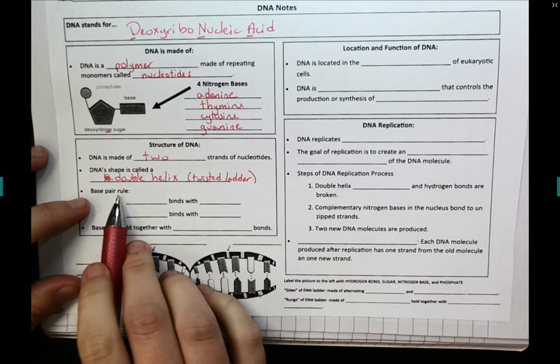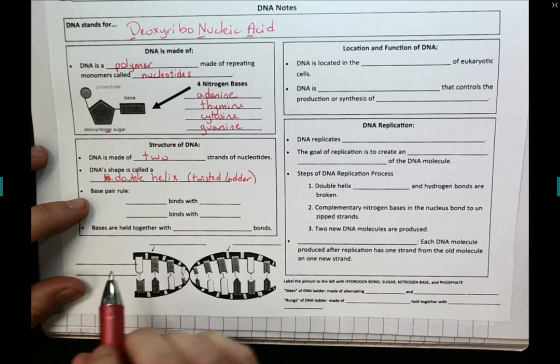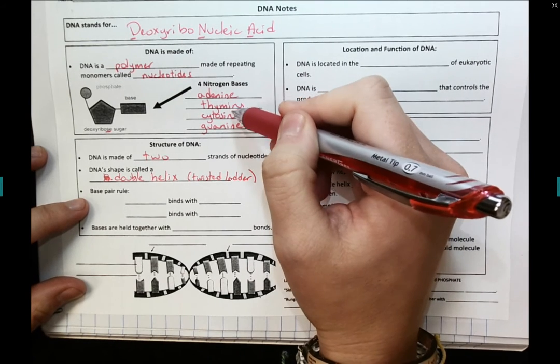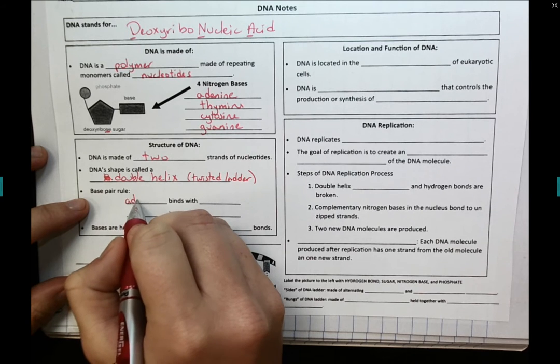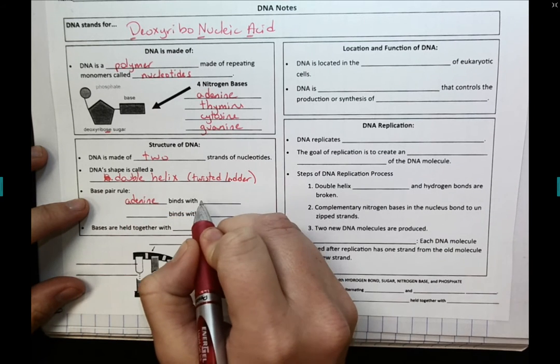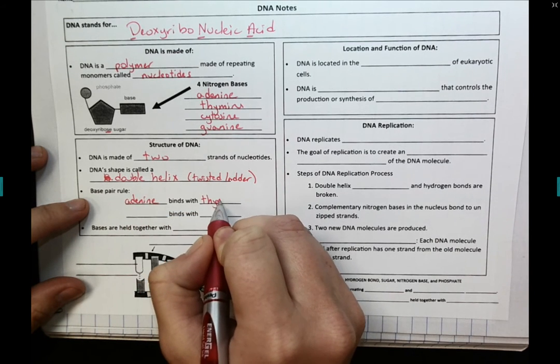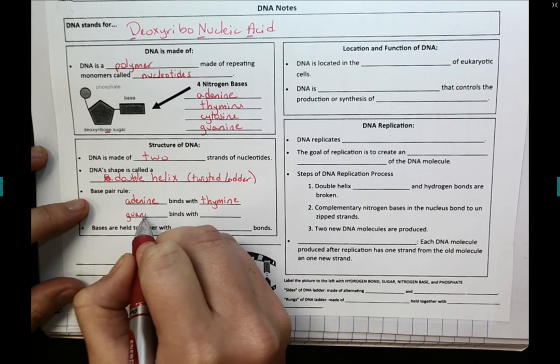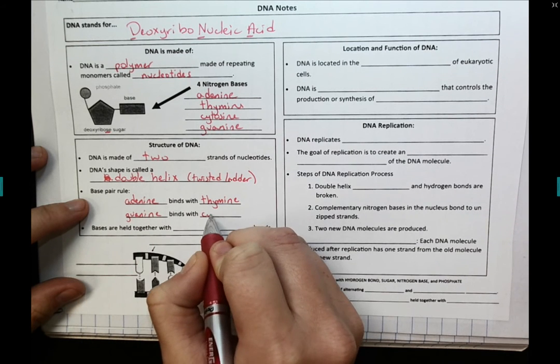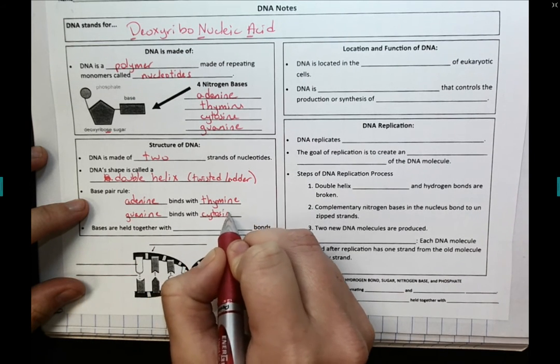There is a base pair rule that governs which of our bases pair in order to form that double helix. So adenine always binds with thymine, and guanine binds with cytosine.